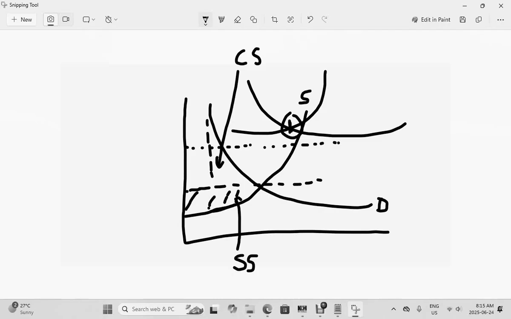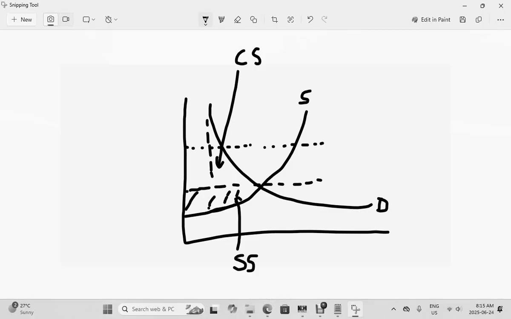Which means the price at which the supplier is able to sell and the price at which the consumers are willing to buy will be below your price ceiling.